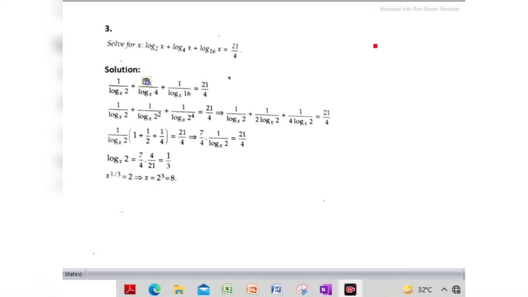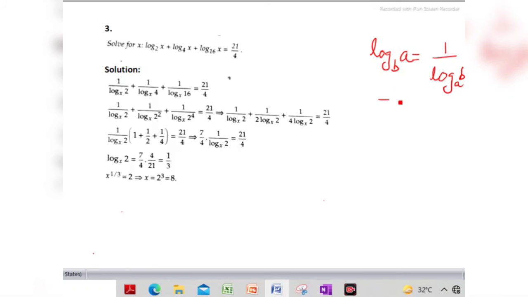Students, just now we have done the deduction of the base changing formula, which says that log of a to the base b is equal to 1 upon log of b to the base a.